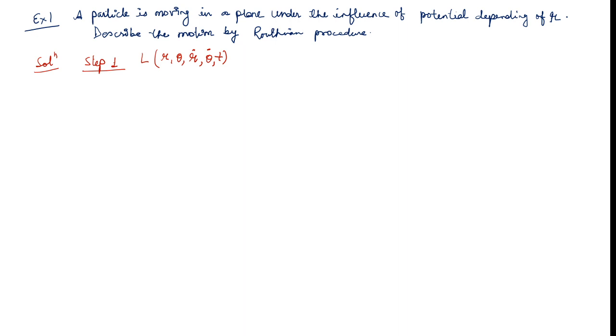And if I can diagnose the cyclic coordinates, I may remove those coordinates from L. This L will be kinetic energy minus potential energy. This kinetic energy for a particle moving in a plane will be half m, if the particle mass is represented by m, times r dot square plus r square theta dot square. This we have derived earlier, minus potential energy, which depends on r, so V of r. So this is the first step.